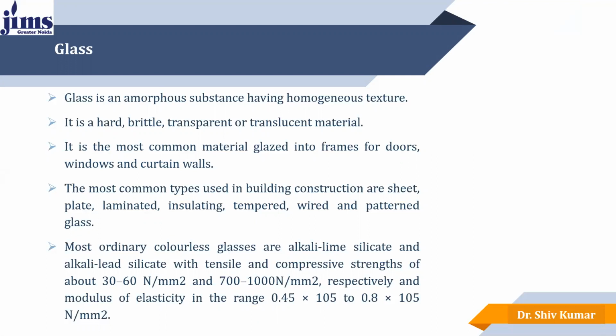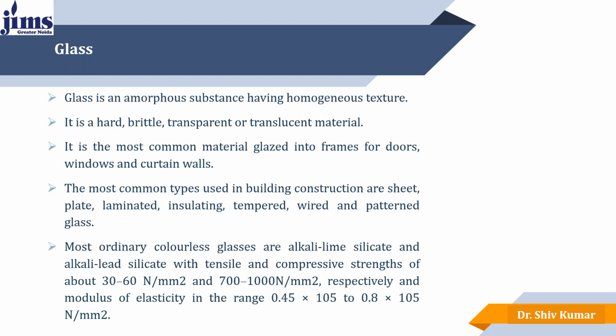It is the most common material used in doors, windows, curtain walls, and also for aesthetic purposes. The most common types used in building construction are sheet, plate, laminated, insulating, tempered, wired, and patterned glass.